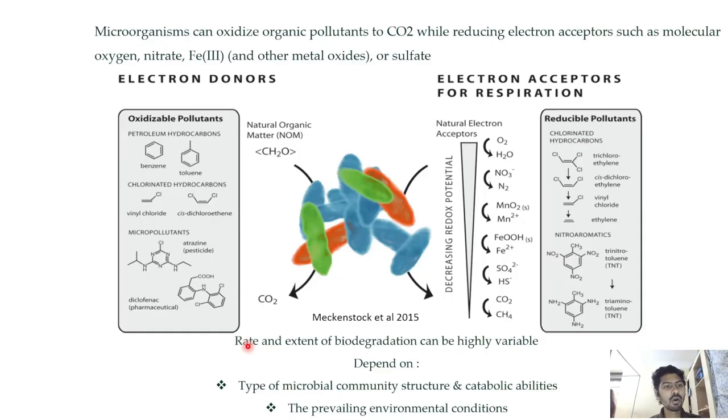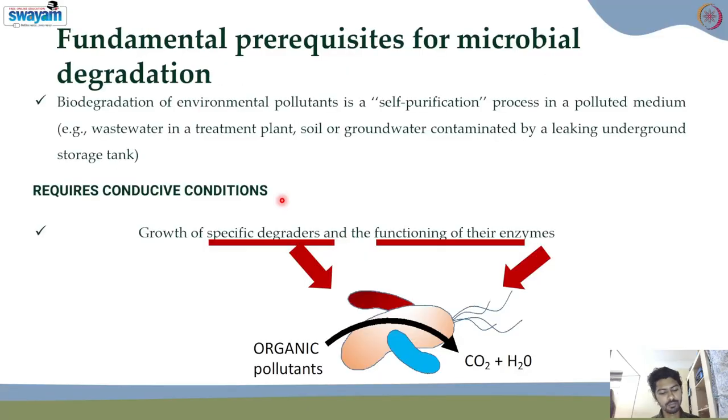So these all decide the rate and extent of biodegradation. So first is the microbial community and second is the environmental condition. So this is the broad overview of the mechanism of biodegradation and the important factors in determining its rate and extent.